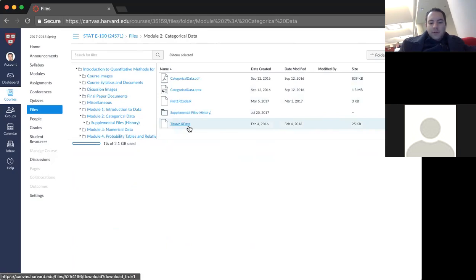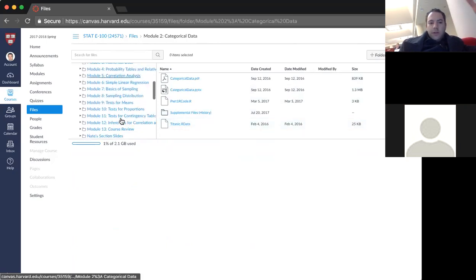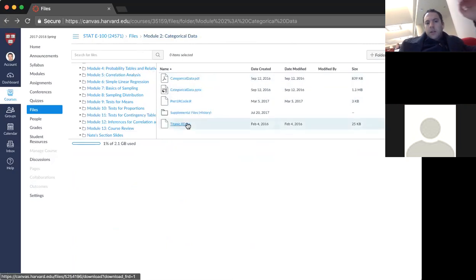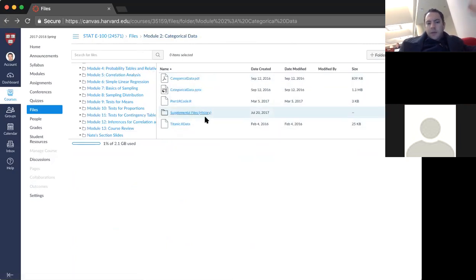From a historical and sociological perspective, it's an interesting case. For each of them, there's usually a supplemental file that gives more information on the context of the data set as well. So you're more than welcome to use any of these.